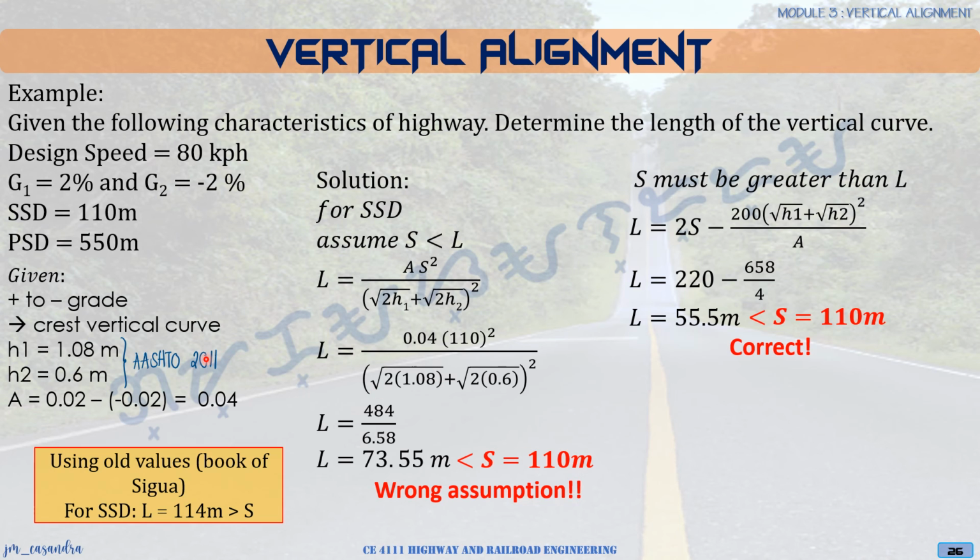So using now AASHTO 2011, our design would be more economic. Since our L is smaller, we will have lesser excavation for our highway. With greater length, there will be more expenses in your construction.